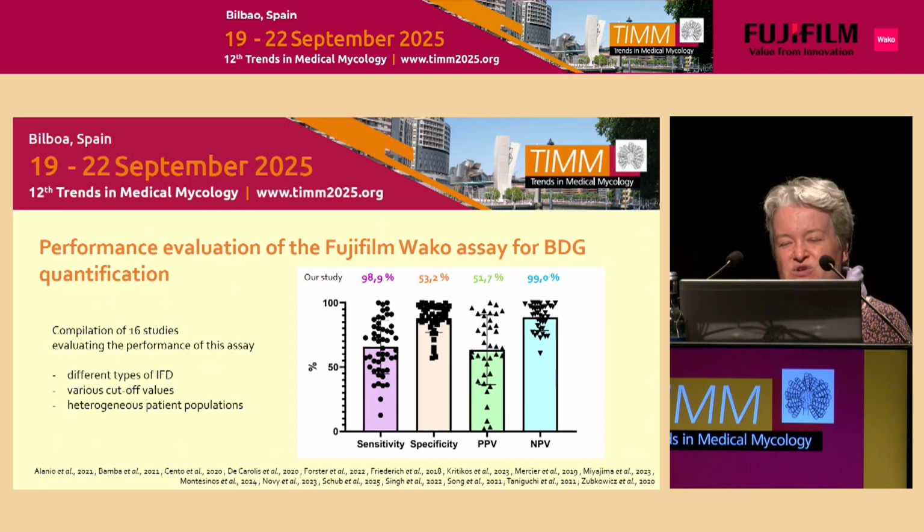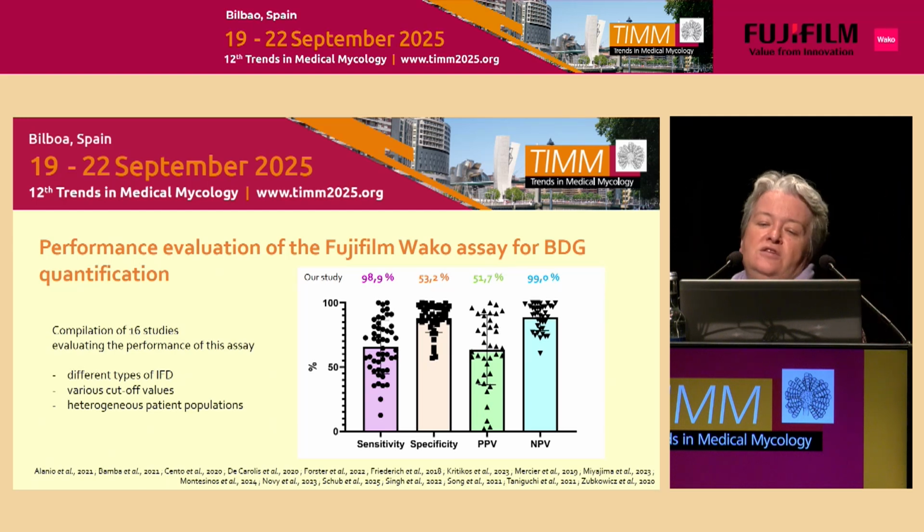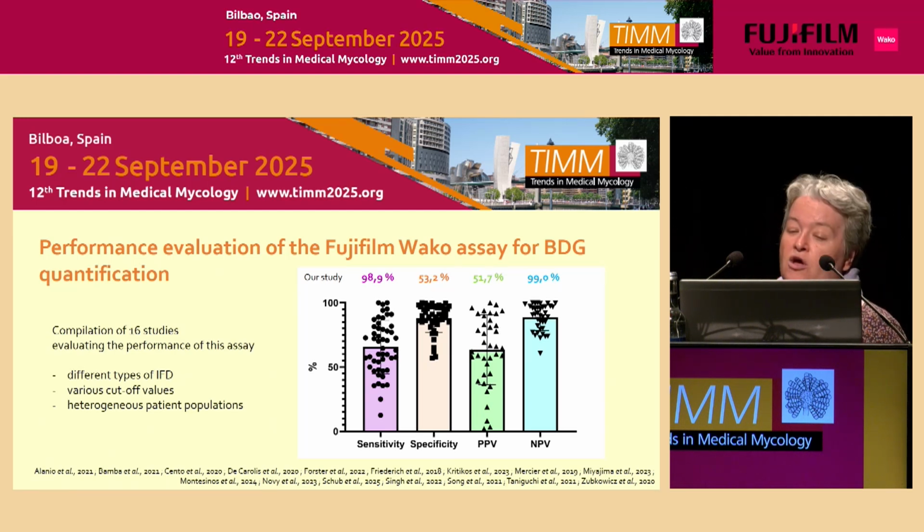The studies used various cutoffs, the manufacturer's cutoff or a homemade cutoff, and involved heterogeneous patient populations. Sensitivity and positive predictive value vary widely, while specificity and negative predictive value are consistently high.